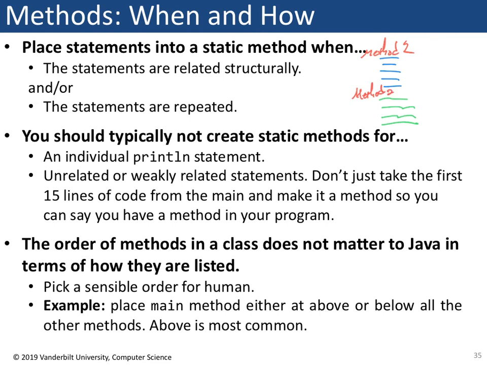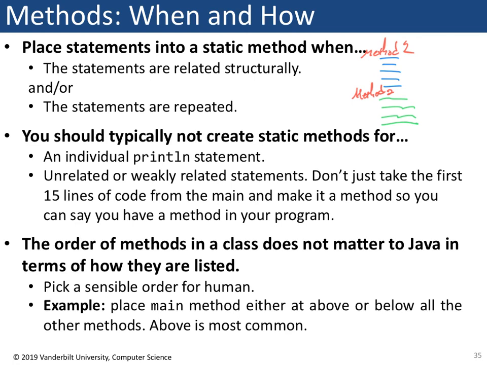This is not appropriate. Just because this does effectively create two methods does not mean that these statements, which are housed in these methods, have any structural relationship, and in no way does this eliminate repetition and redundancy. So this is an inappropriate use of methods, which actually makes the code less readable.